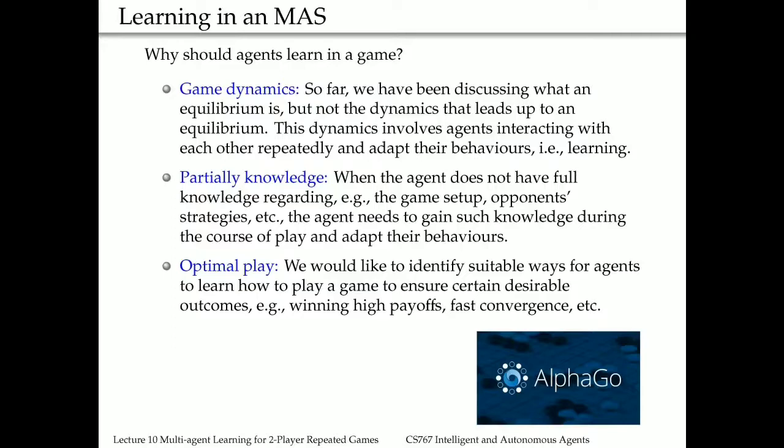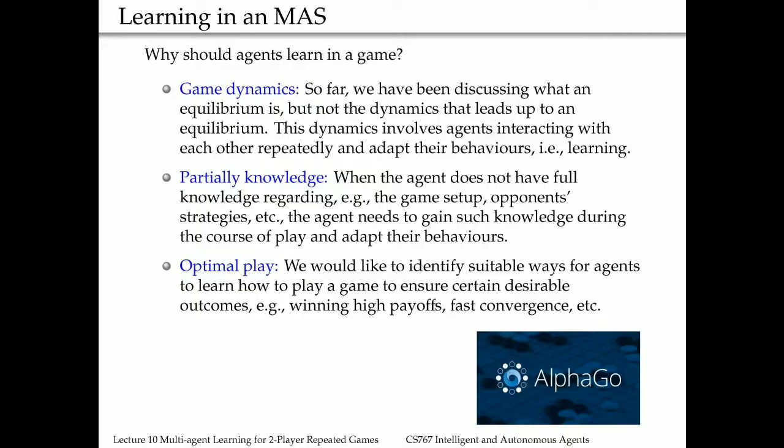Right, and because the game setup is complex, it is typically not easy to use a rule-based system to fix the behavior of the agent, and therefore learning provides an opportunity for us to implement agents that will self-adapt and eventually arrive at a very good status in terms of its ability to play the game in an optimal way, right?